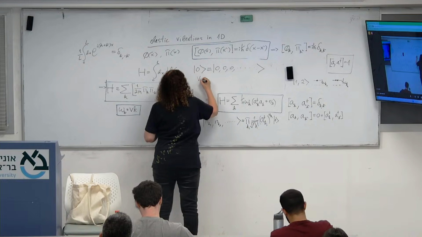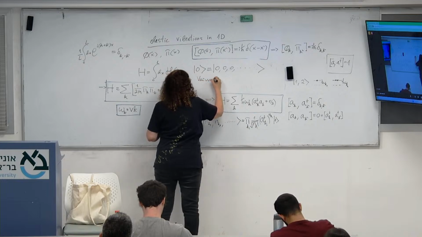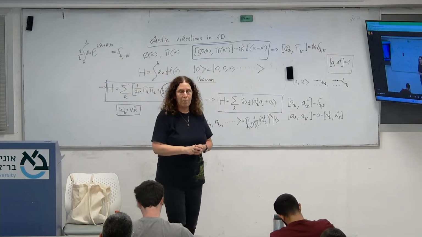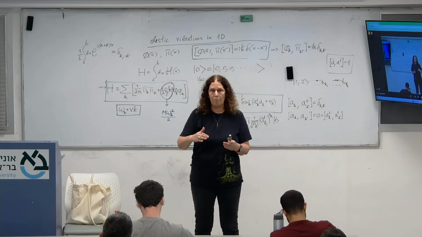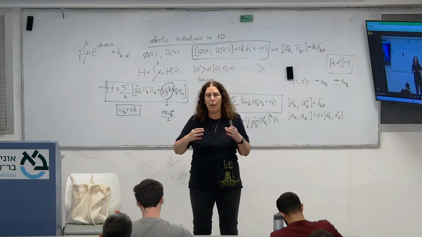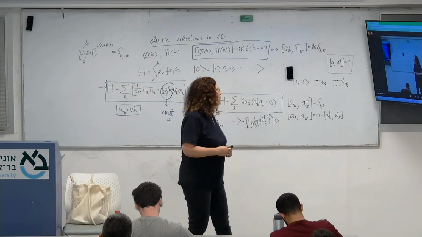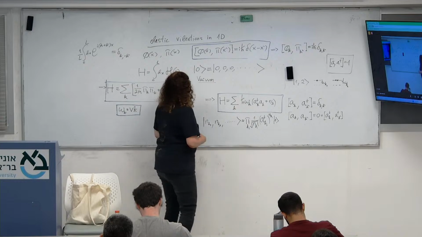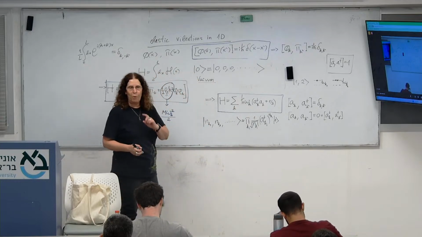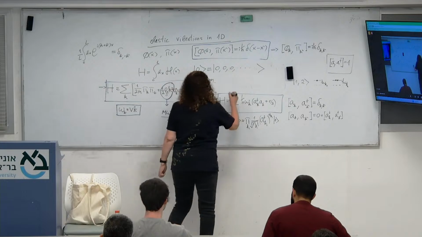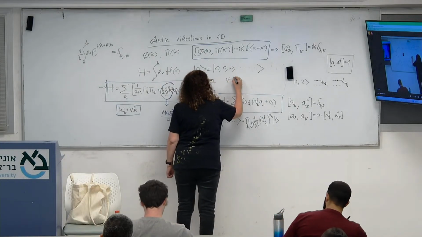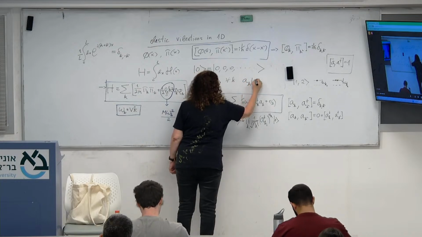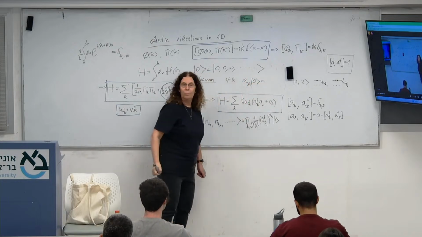This is called a vacuum state, and it is nothing but a reference state above which I'm creating particles by applying creation operators. And it satisfies, and that's very, very important, for any k, a_k acting on the vacuum gives you 0.